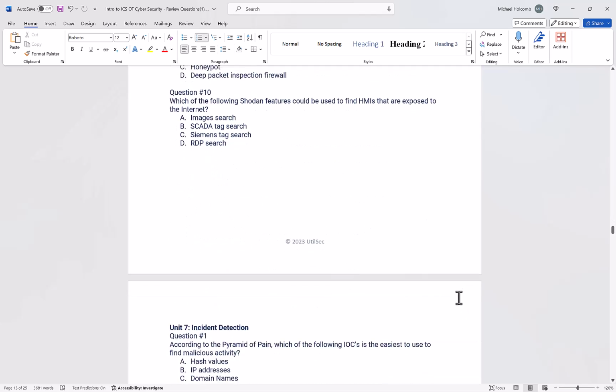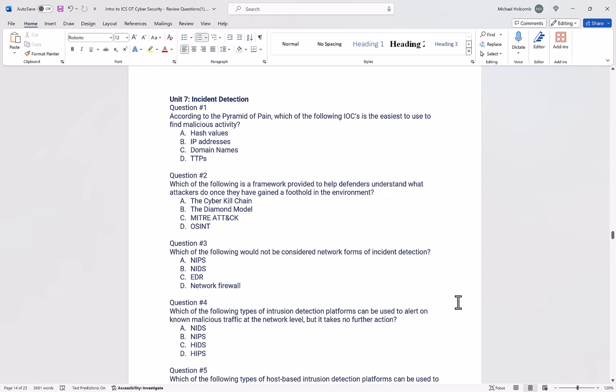All right, so let's talk about Unit 7, Incident Detection. Question 1, according to the Pyramid of Pain, which of the following indicators of compromise is or are the easiest to use to find malicious activity?